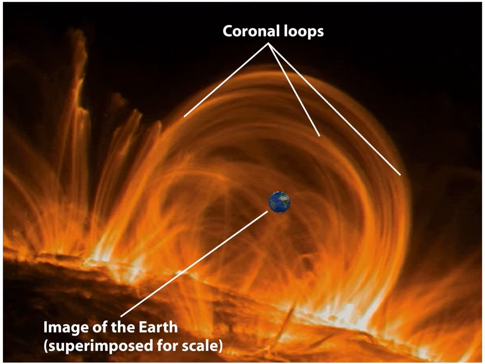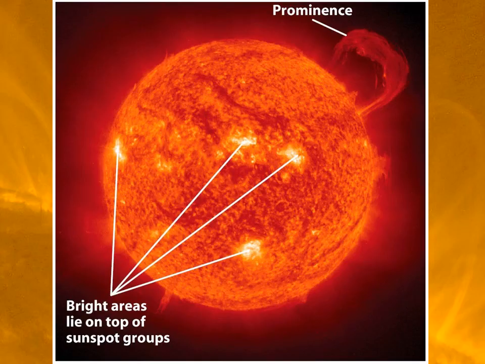This image right here shows coronal loops with the Earth drawn to scale, to give you an idea of how big these coronal loops actually are. The bright areas in this image are the plages.